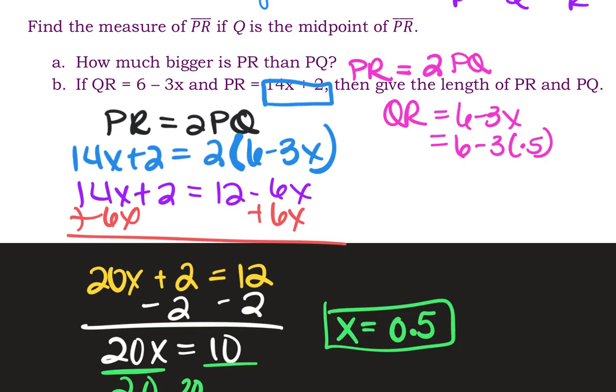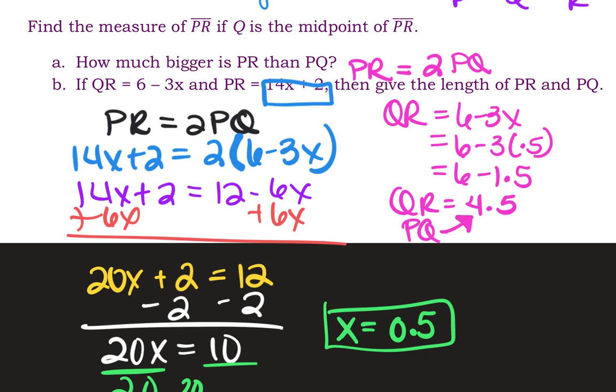So what's 3 times 0.5? 1.5. Okay, so what's 6 minus 1.5? 4.5. Good. You know Q to R, which you also know P to Q. Good. You got your answer there.